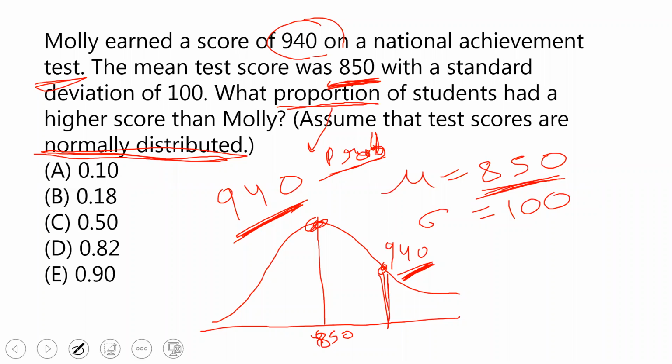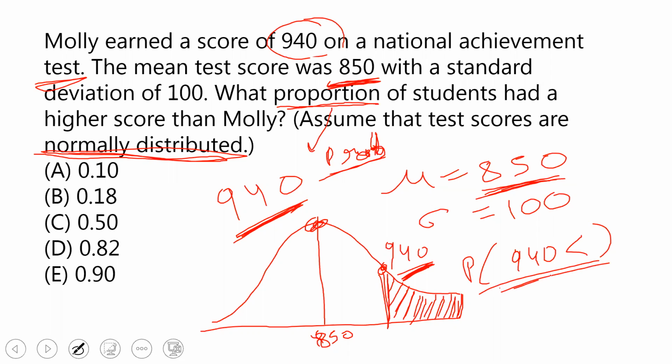Now, which area do we need to find as per the question? We need to find this area. We need to find the probability of a student getting marks more than 940.